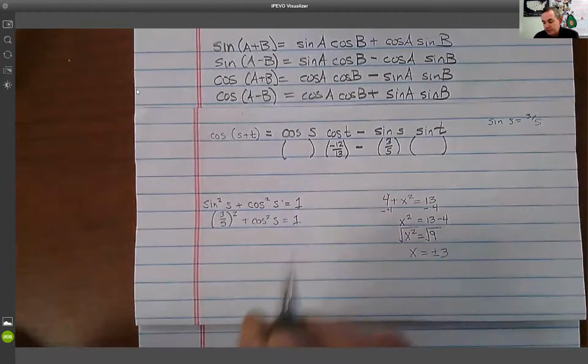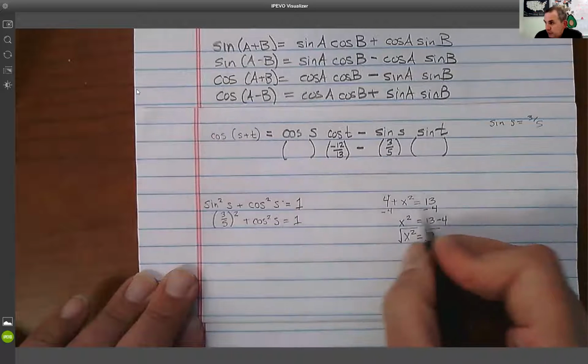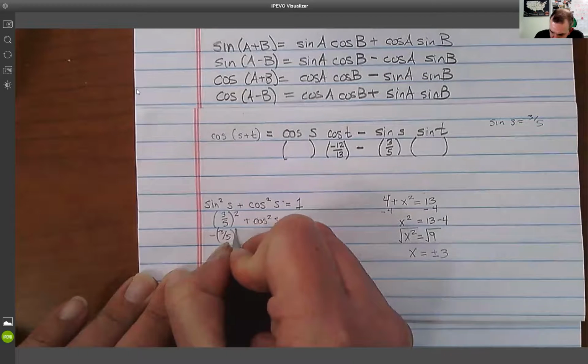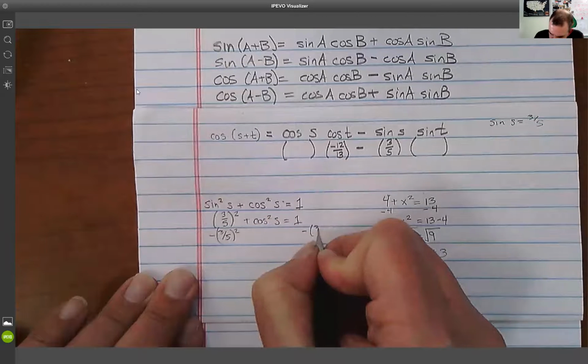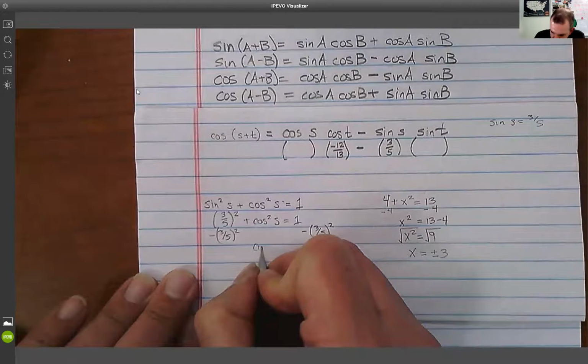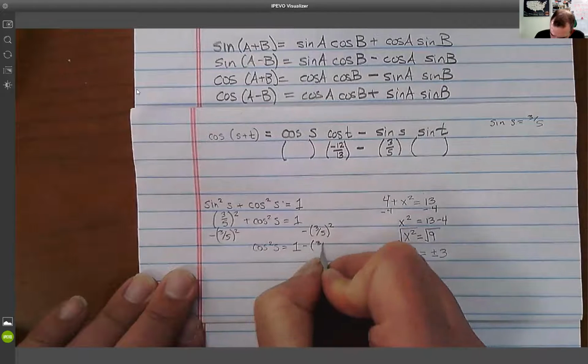Now I'm going to solve for cosine s. Like you subtracted the 4 from both sides, I'm going to subtract the 3/5 squared from both sides. So cosine squared s equals 1 minus 3/5 squared.